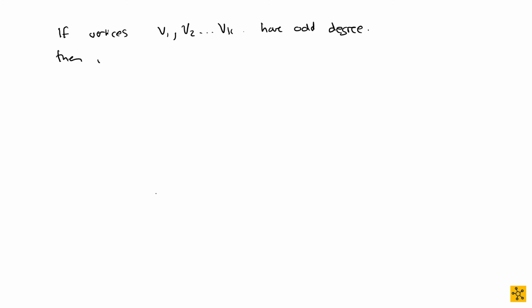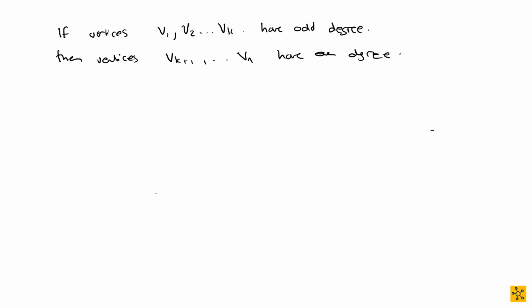Then vertices Vk plus 1 to Vn have even degree. And this will hold for any simple graph that we're doing.